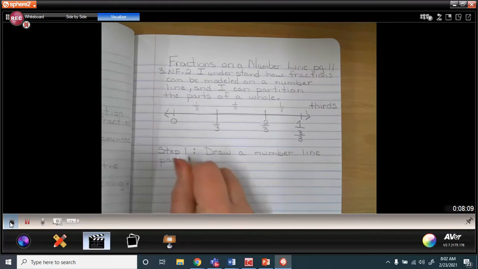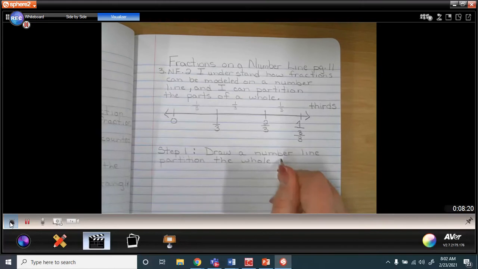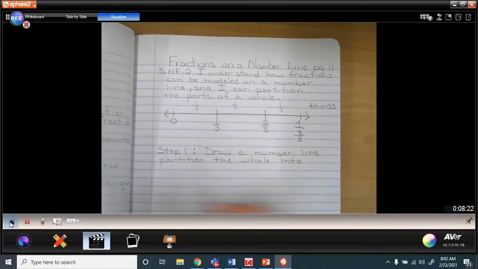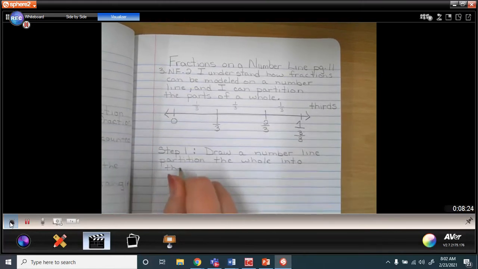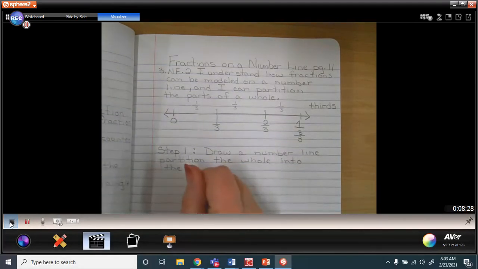We're going to partition or divide, right? Partition or divide the whole into the sections or pieces, right?